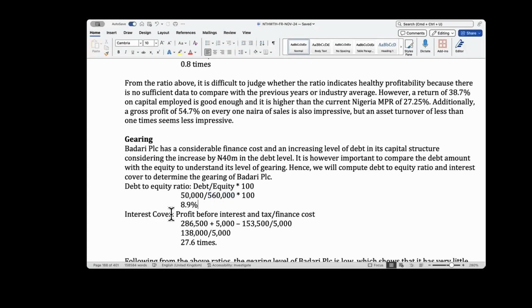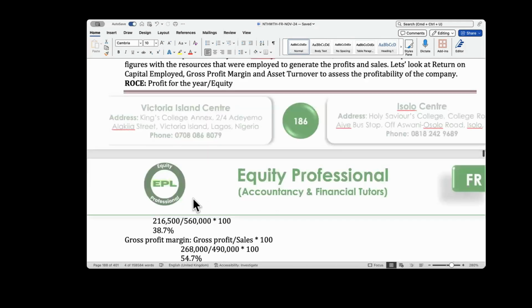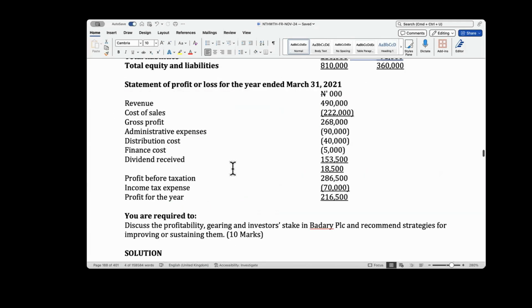Interest cover is PBIT over finance costs. The PBIT, I had to work out myself. This is what I did. I went to the P&L and saw that they gave me profit before tax. I know that PBIT is the profit before you deduct finance costs and before you add dividend received, so I just reversed it.